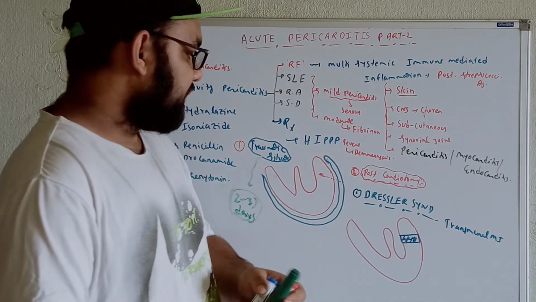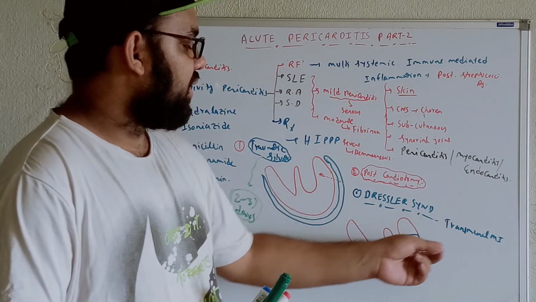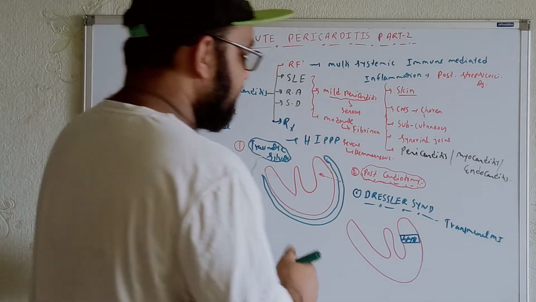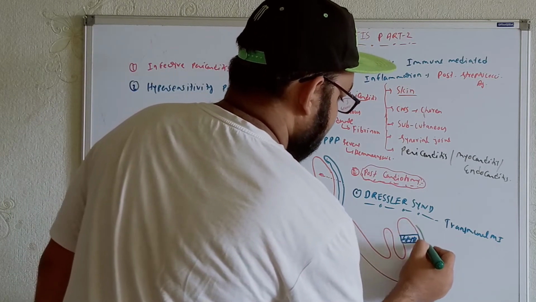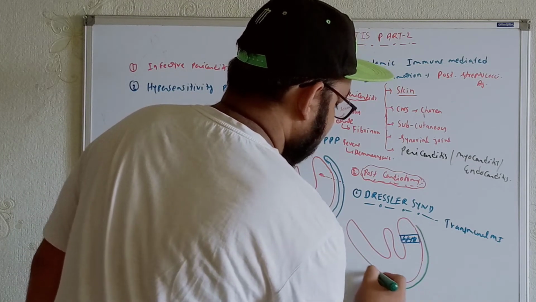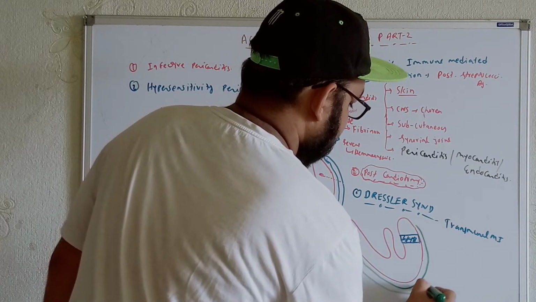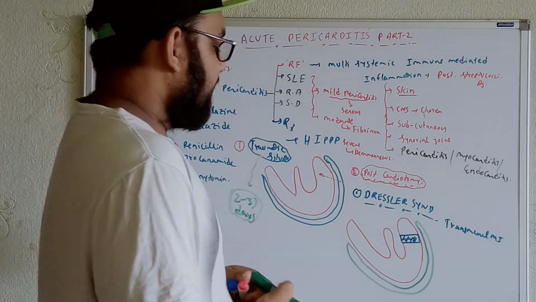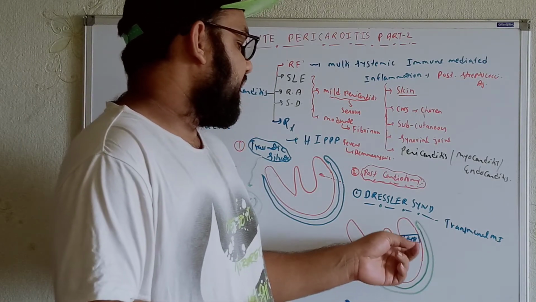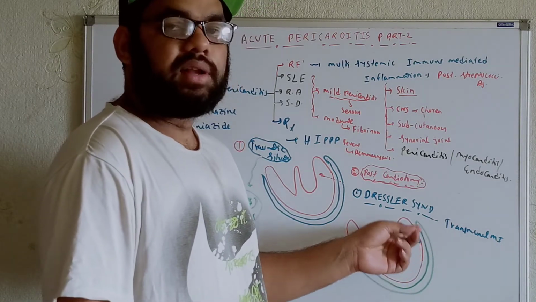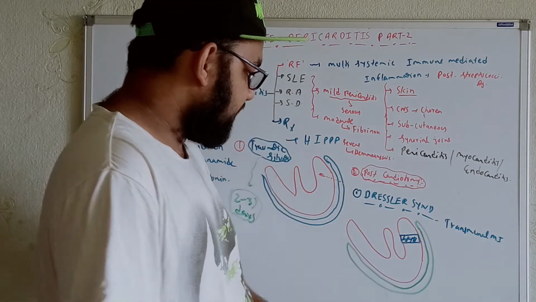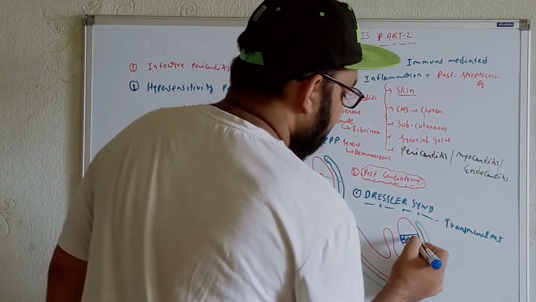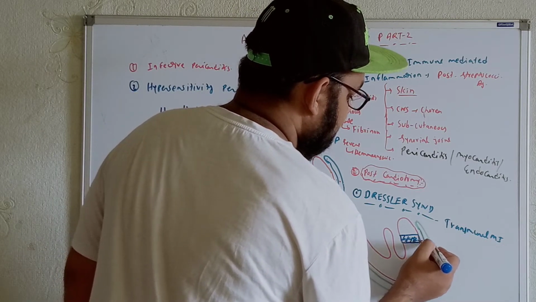If we see the transmural infarctions over here, there is a chance for the necrotizing chemical mediators. For example, just consider this is the pericardium. As a result of the transmural myocardial infarction, there is a chance for these necrotizing chemical mediators to go from these portions to these portions.